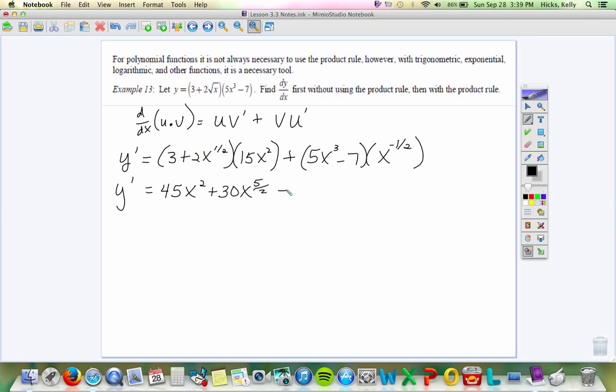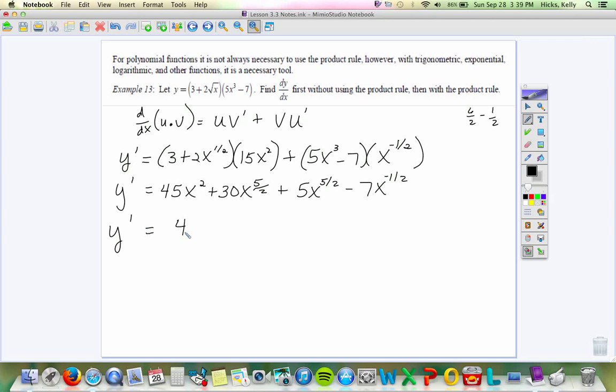So I get 5/2 power, plus here I'm multiplying 5x cubed times x to the 1/2, so I get 5x to the, let's see, that would be 6/2 minus 1/2, which is 5/2 power, minus 7x to the negative 1/2 power.